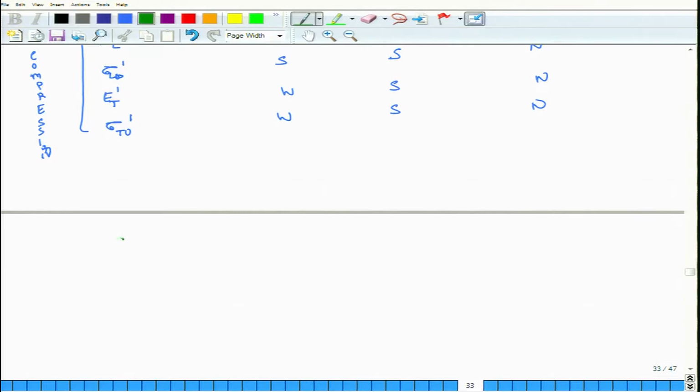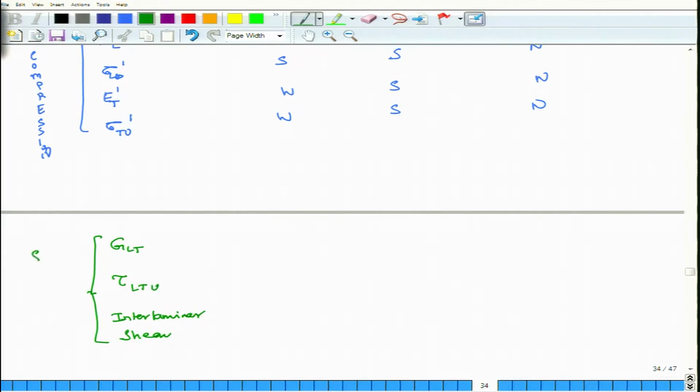So, what are shear properties? GLT and tau LTU, shear strength. Actually, the third one is interlaminar shear, between two layers.